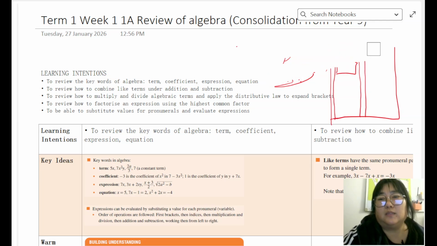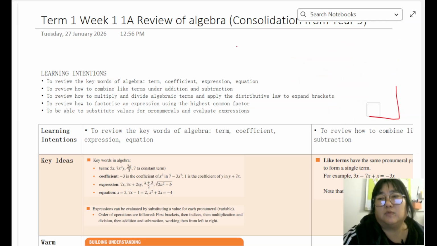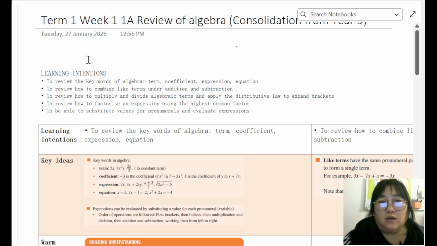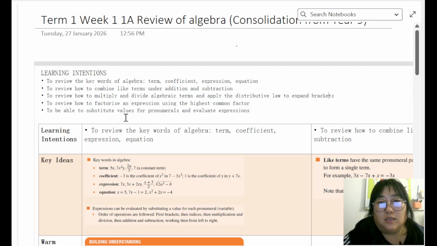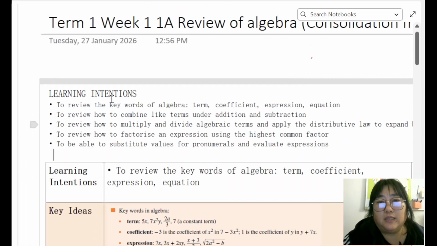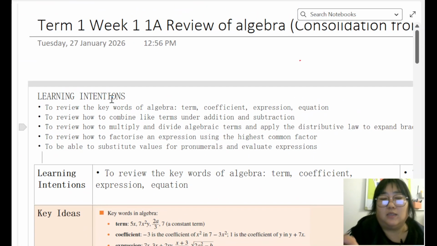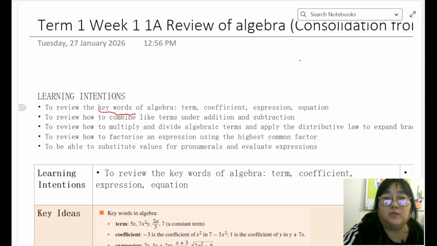Another thing is I will ask them to copy down the title and also check the learning intentions. These learning intentions all come from the Cambridge textbook, as you can see here. From the first lesson, they have to get a very clear idea of the keywords of algebra.